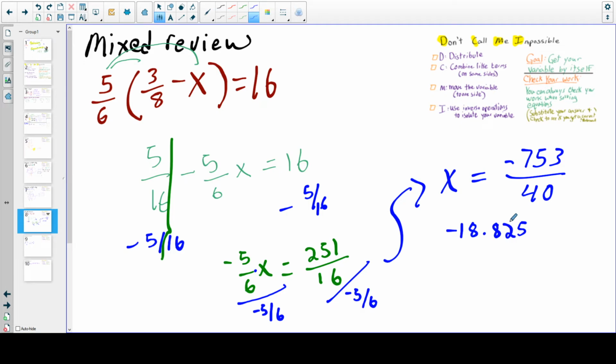That's a crazy number. Well, let me check my work. I'm literally going to put it on my calculator. So, 5/6 times 3/8 minus negative 18.825.